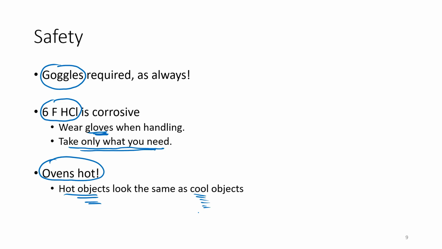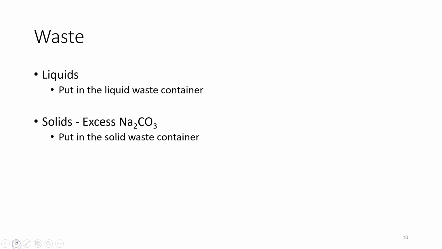So if you see a beaker and you think that maybe it was in the oven, just be mindful of that. It could be hot. All of your liquid waste should go into the liquid waste container, and the only solid waste you'll have will be the excess sodium carbonate, and that'll go in the solid waste container.